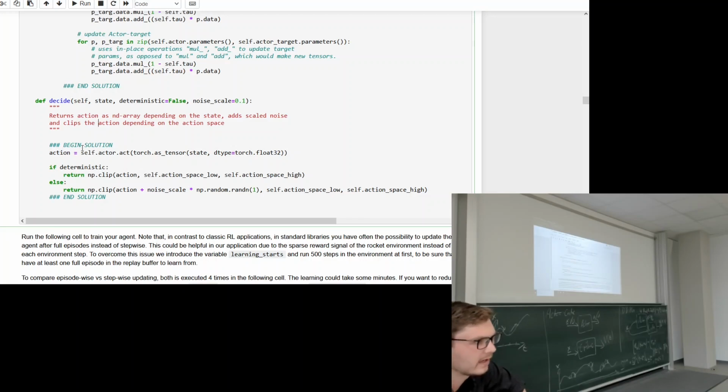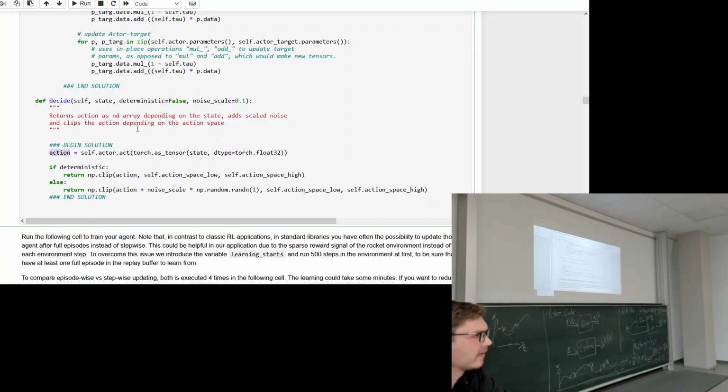But after my training is over, I can throw that away, because only the actor holds the knowledge of what should be done. So this function does not use any critic. We only use the actor, the act function, where we just plug in our state, and simple as that, get an action out of that.